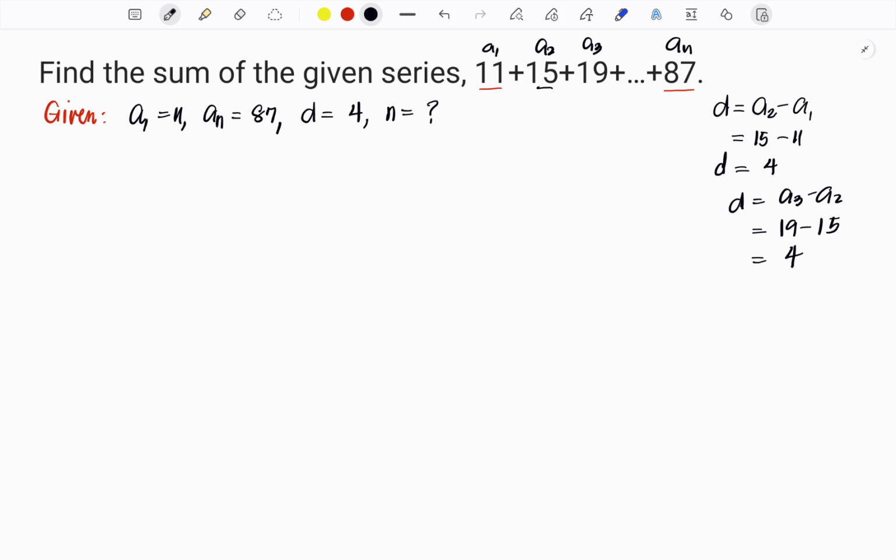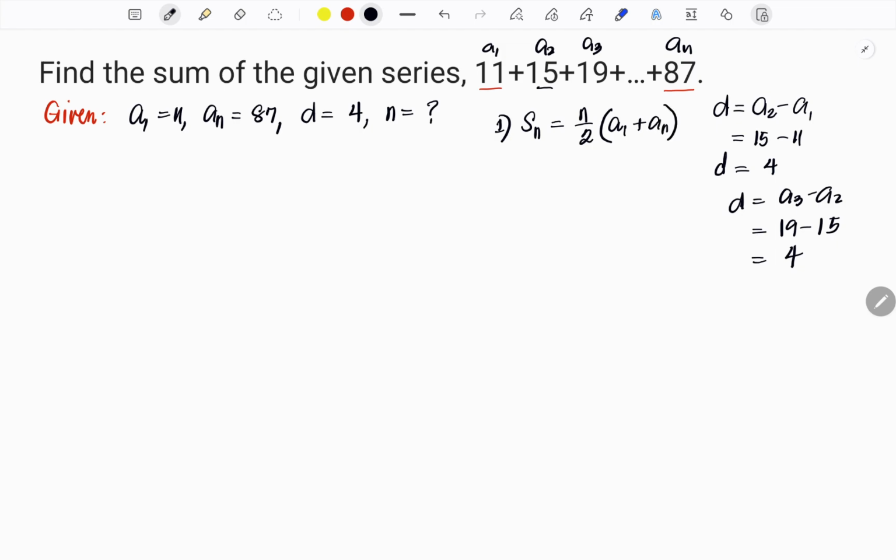But before solving this one, let's recall first the formulas for finding the sum of an arithmetic series. The first one here is s sub n is equal to n over 2 times a sub 1 plus a sub n.